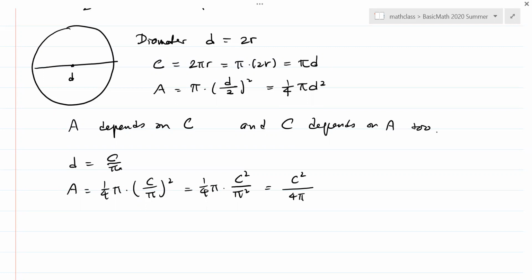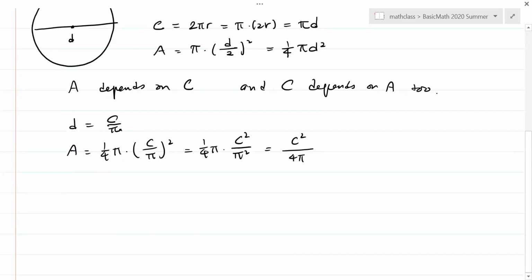Now we can also express C in terms of A, because in the future sometimes you're given one formula but you have to rewrite it to get another formula. If you're given the area instead of the circumference, you have to find the circumference.